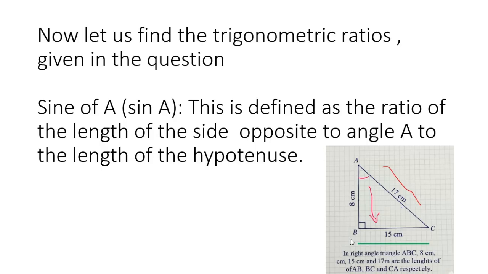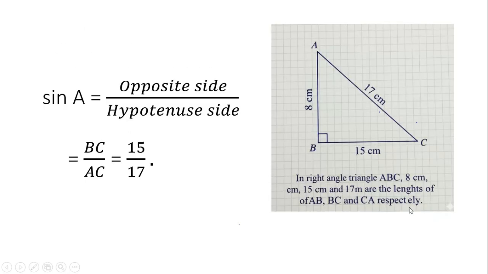Here we need to find sin A, so we take the opposite side with respect to angle A, which is BC, and the hypotenuse is 17 centimeters, that is AC. So sin A is equal to BC by AC, 15 by 17.